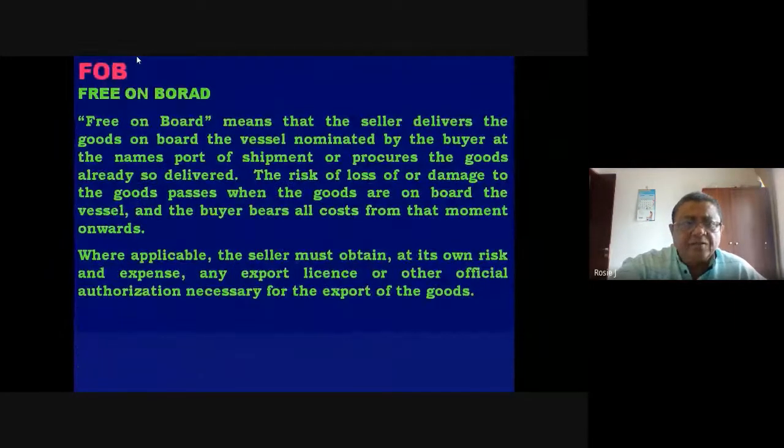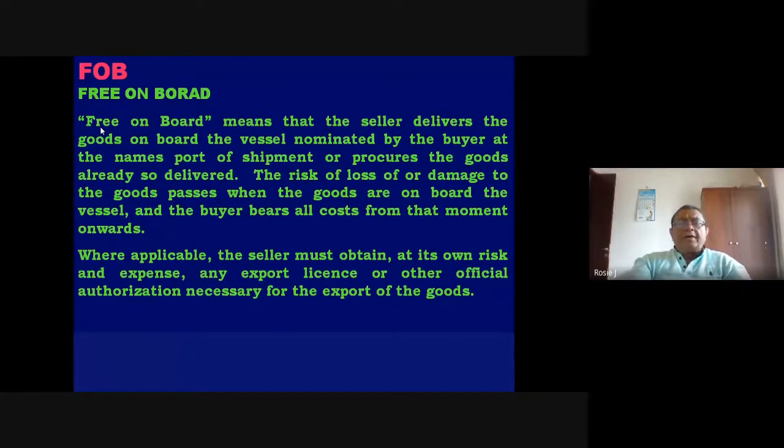Okay. The next one is FOB, right? This is a very common word we all hear, isn't it? FOB, free on board. Here, it's related to port only, right? Not like CPT and all that, where he can hand over to someone inland. Here it relates to sea.